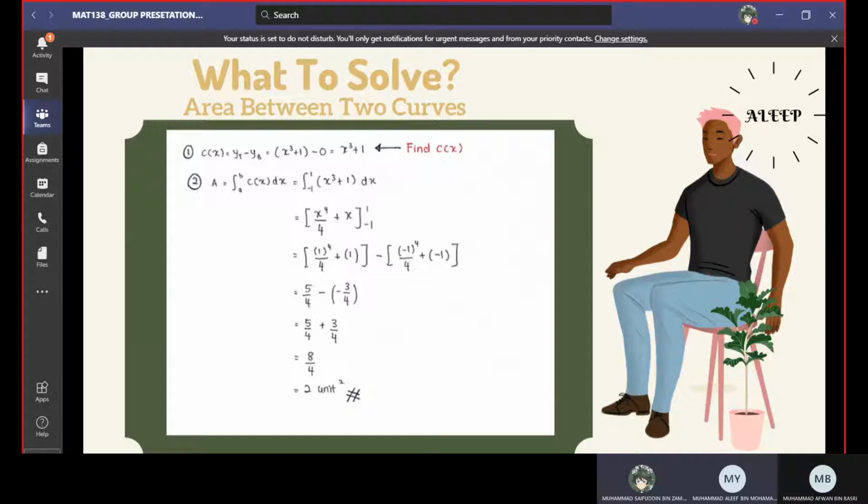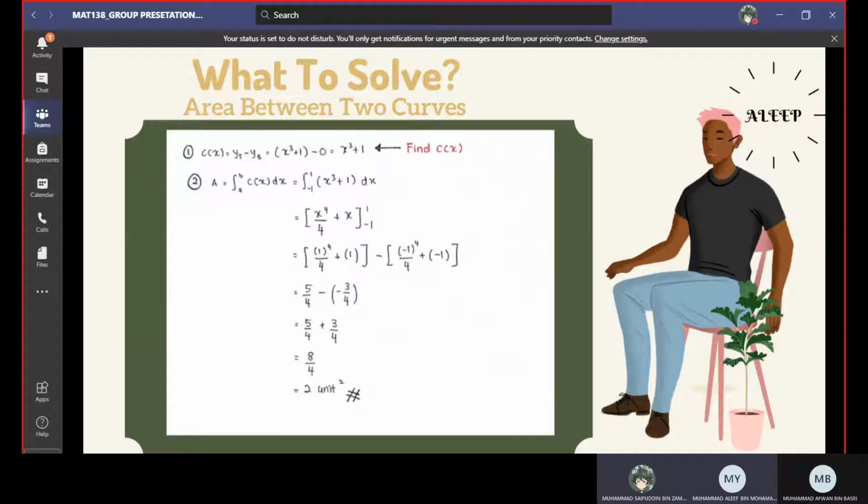Then we substitute the equation. So f(x) will become x cubed plus 1, and g(x) will become 0, and then we subtract it, and we get x cubed plus 1 for c(x). And then we integrate it.